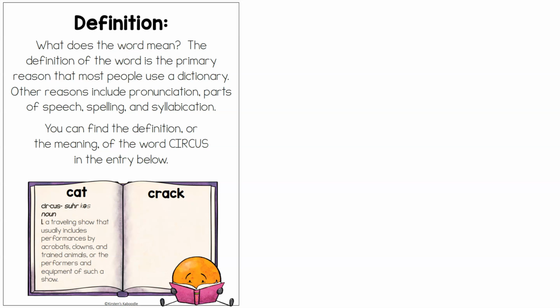You can find the definition or the meaning of the word circus in the entry below. Circus. Noun. Definition 1. A traveling show that usually includes performances by acrobats, clowns, and trained animals, or the performers and equipment of such a show.